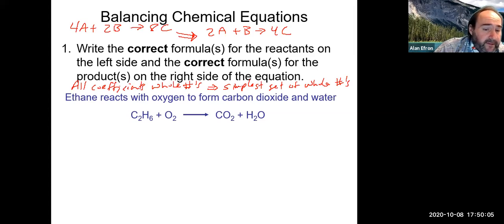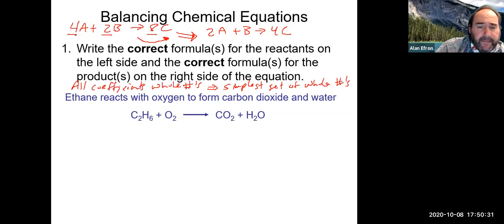So it's really important. And this sometimes happens because everybody's a little bit different. Some people can see the bigger numbers in their head and balance everything, some people can't. So it is potentially possible that you could balance the equation with larger numbers.